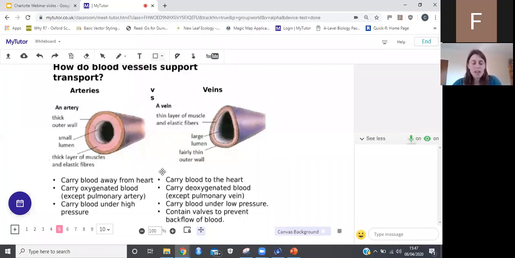And that's why it has that small lumen. Because the blood's under high pressure and you want to maintain that pressure as it travels through the body, it's best to keep the area that it's traveling through small. I don't know whether you've ever tried to drink a drink out of two different size straws. When you have a smaller straw, the drink gets to your mouth quicker. It's easier to generate enough pressure to get that liquid into your mouth.